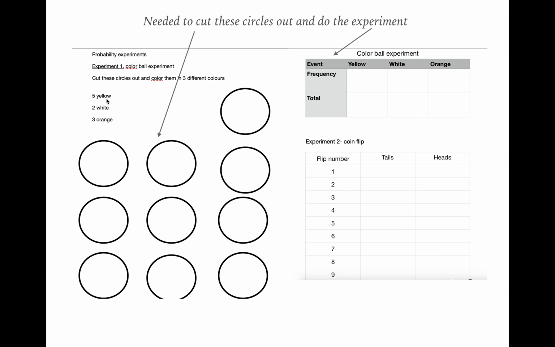So a lot of you just wrote this a 50% chance of getting yellow, 20% chance of getting white, and 30% chance of getting orange, which is correct, but you still need to try and do the experiment to see what results you get. The other one was coin flip, which most of you seem to have done. Now, if you haven't done these yet, please do it and send me the pictures of your homework.